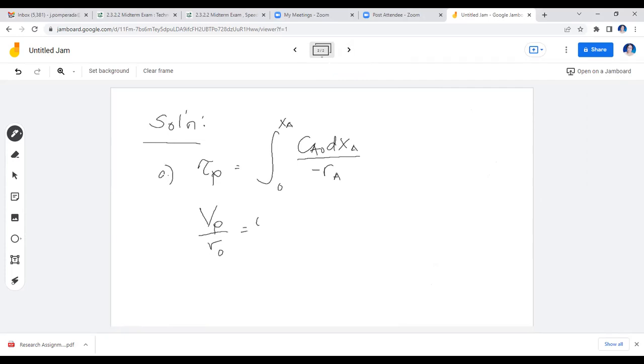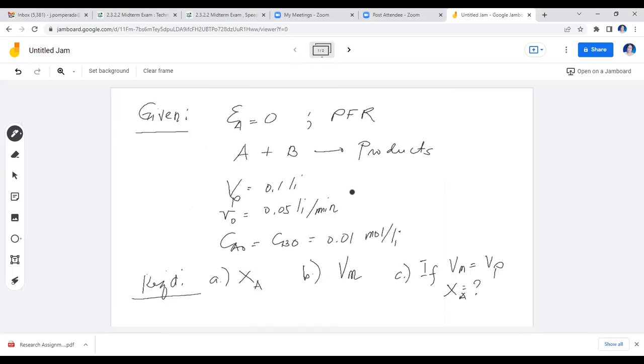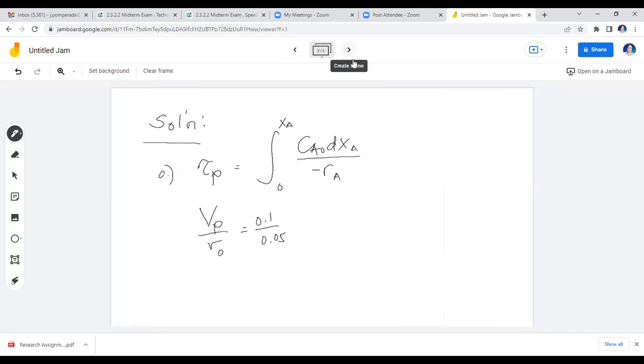Since this one is in liter and this one is in liter per minute, the unit that we will have here is minute for the space-time. So I'd like to write CAO outside because it's a constant, and I will have here 0 to XA, dXA, and the rate.